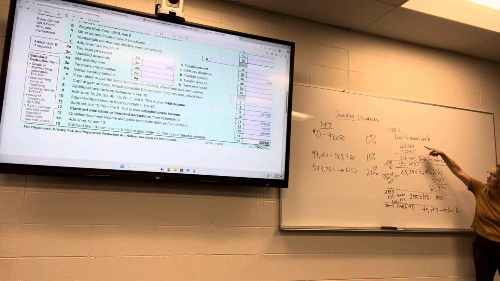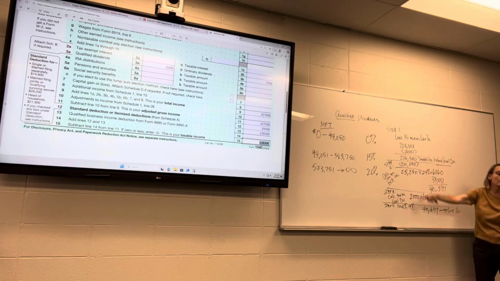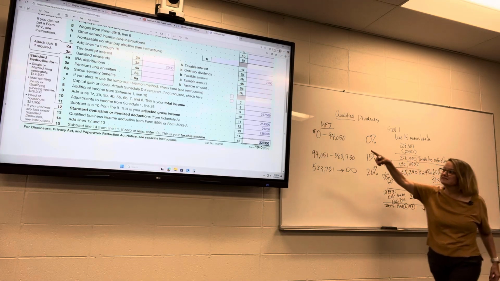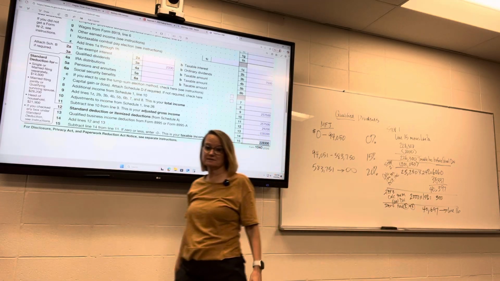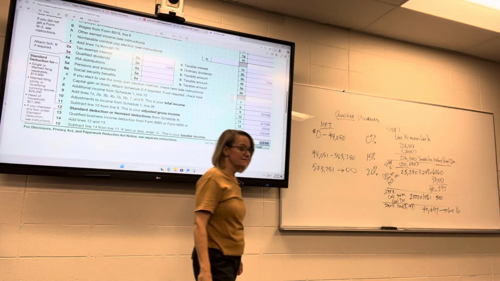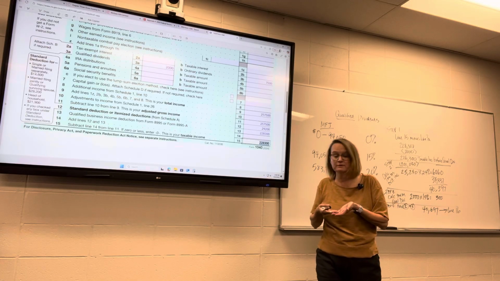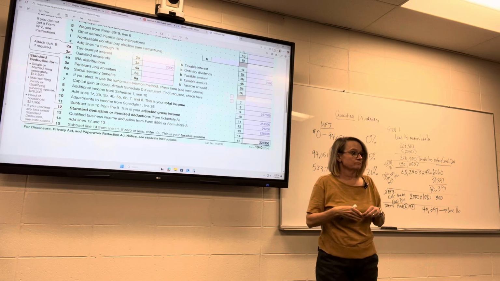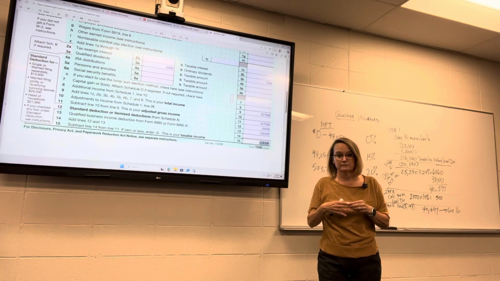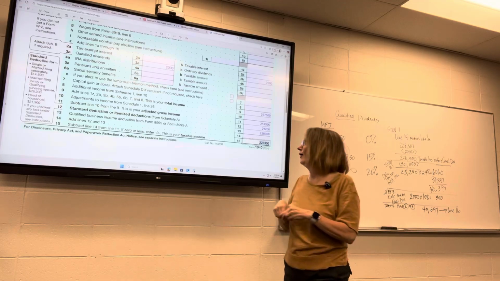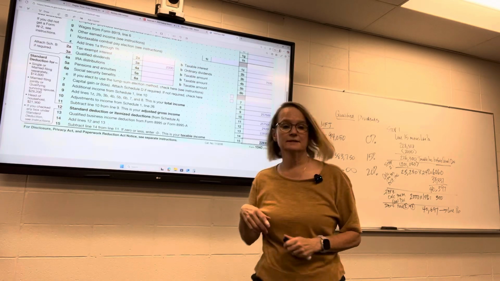They just calculate as though there were no qualified dividends. They forget that the qualified dividends are at a different tax rate, and that the two amounts have to be calculated separately and then added together. Okay? Got it? All right.